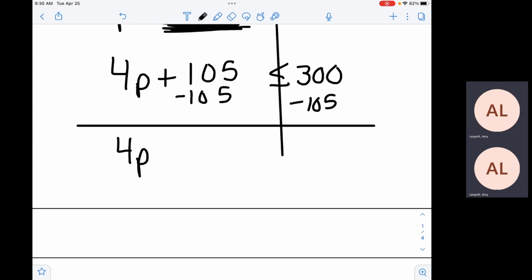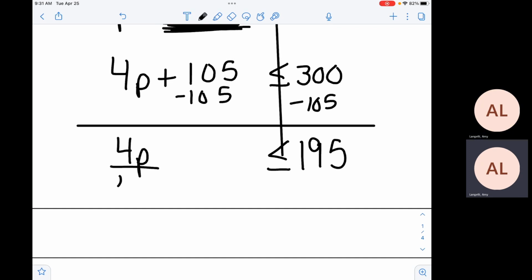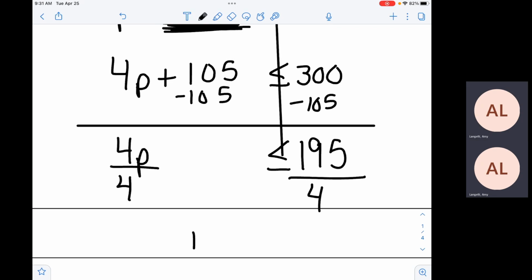That's going to be 4p is less than or equal to, does anybody know 300 minus 105? 195. Yeah, good. And then how do we solve for p? Okay. And what do we get? P is less than or equal to, it's going to be a decimal. I did that on purpose. I made sure when I did it that we got a decimal.